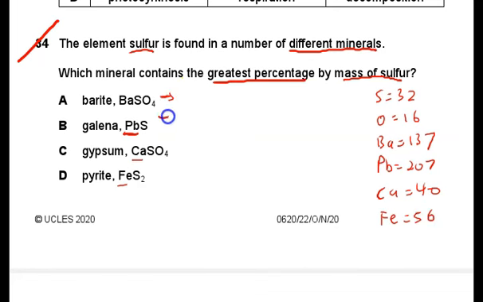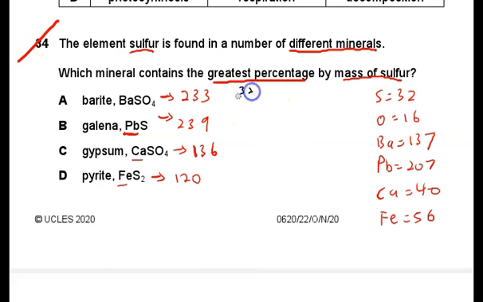So we calculate the total RMM at first. Here is about 233. And the next one here will be 239. And the next one will be 136. And the next one here will be sulfur, so here is about 120. So we have to divide this with the sulfur.